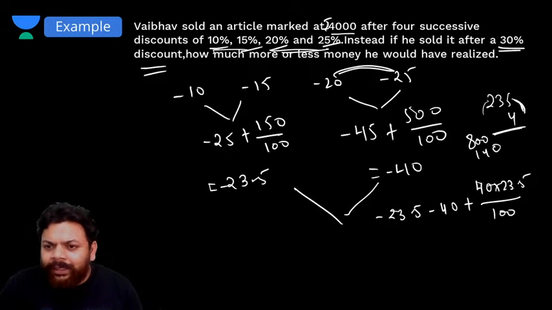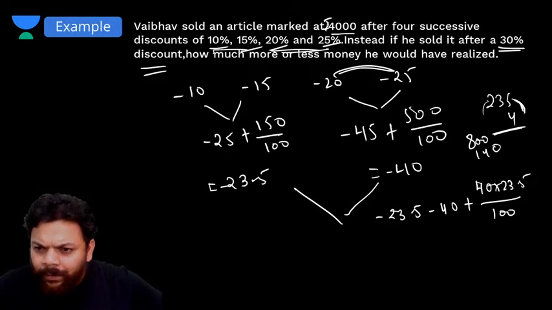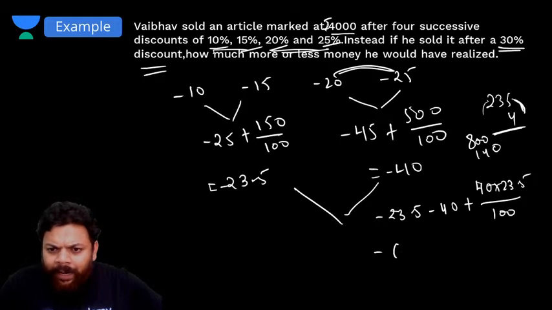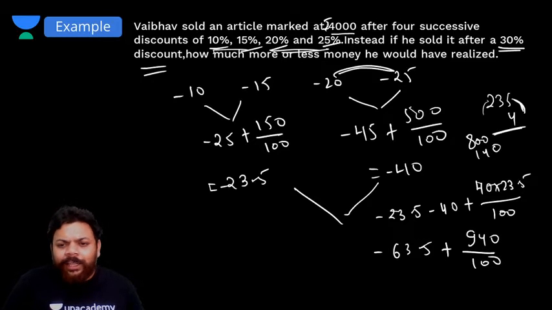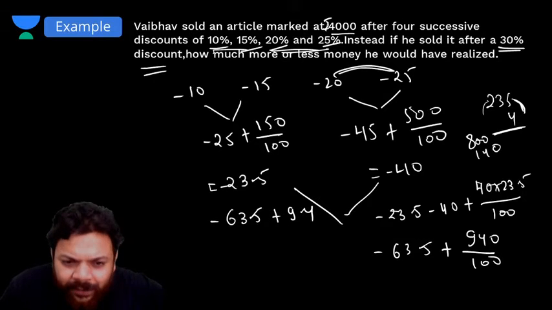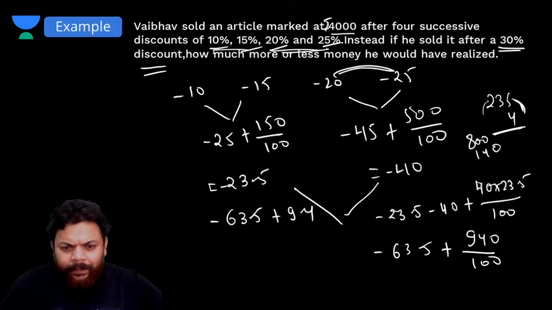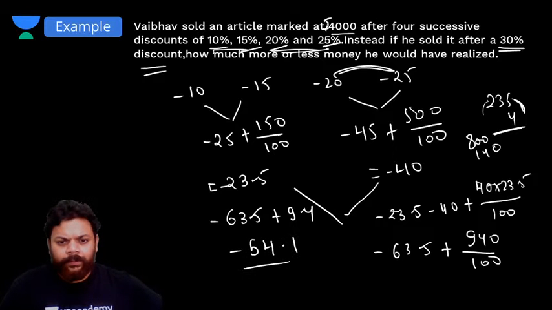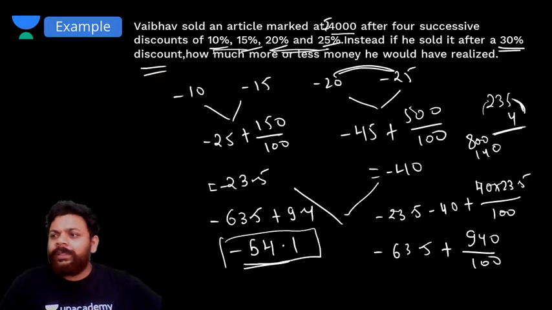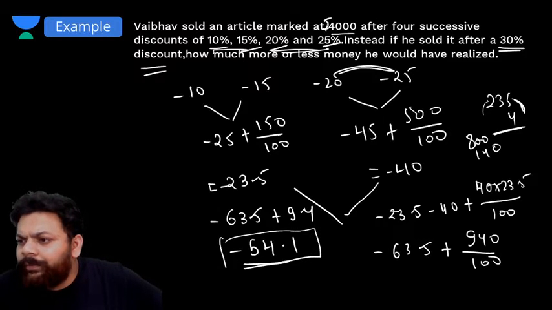So this will be nothing but minus 63.5 plus 940 by 100, and that is how we'll get 93.5 plus 9.4, and that's the reason we'll get this one as 54.1. So this is the actual discount.